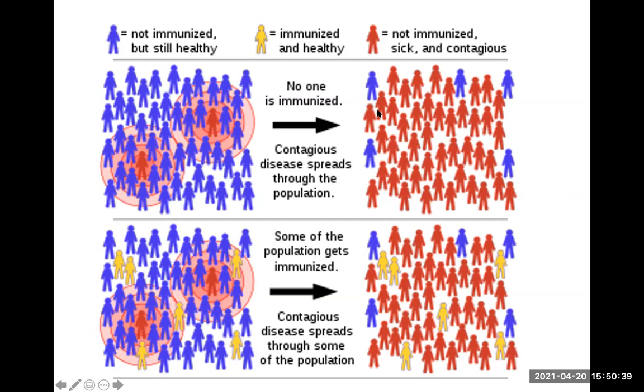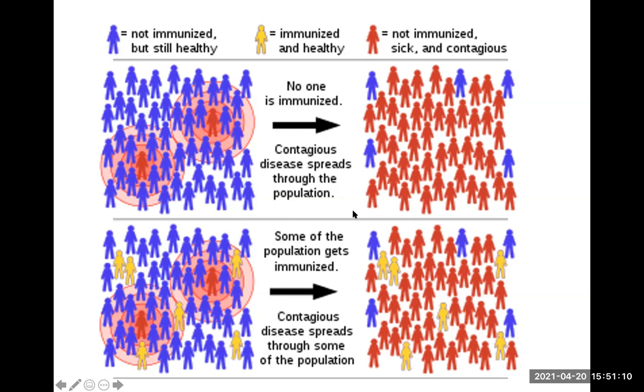So they're not just carriers, but sick with symptoms and contagious, and potentially spreading this disease to everyone they come in contact with. And so you can see that if nobody is immunized and a couple of sick people arise, they can spread it very rapidly in this population, and most people will end up sick.